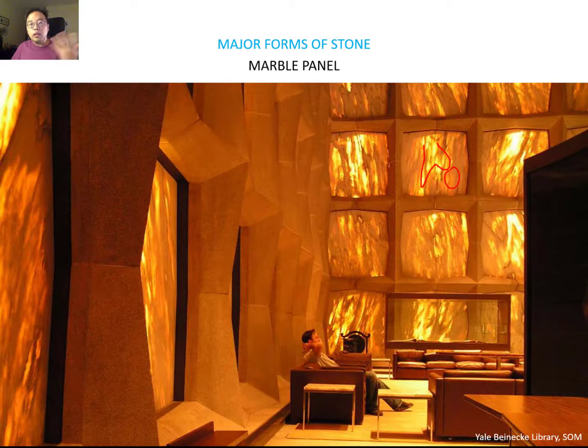So depending on the marble panel, it makes different lighting impact. I think that is an amazing translucent marble panel type. They just changed the physicality, making a thin cut from the marble panel, to make this kind of impact.